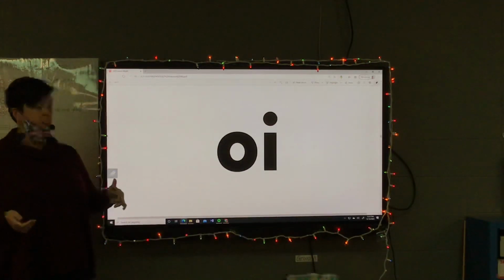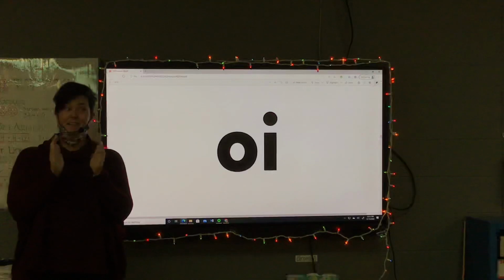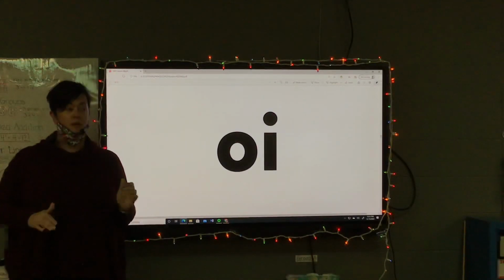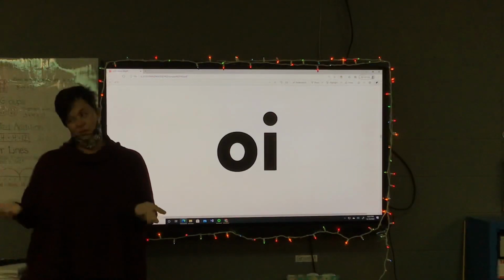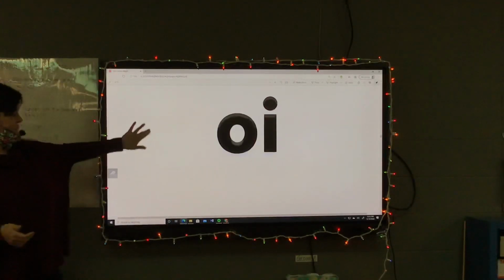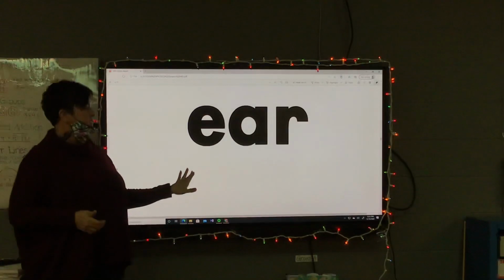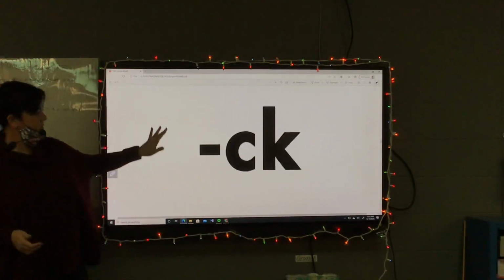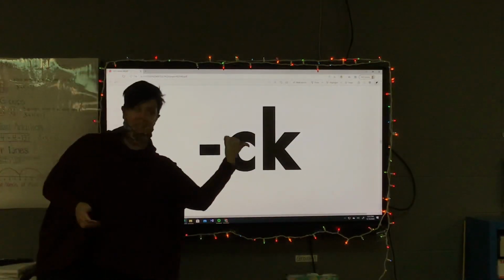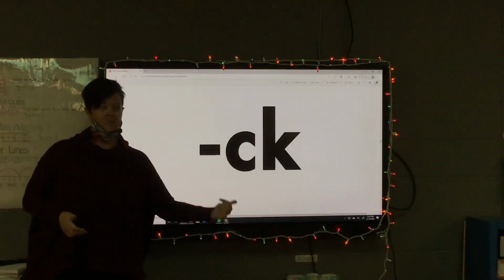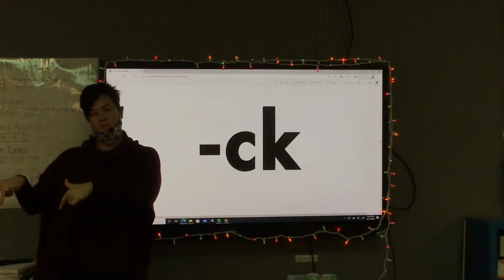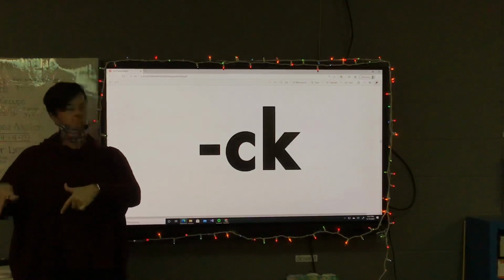Oi. In the middle of a word, but are there some times where it is also at the beginning? Ear. At the end of a word, and what's right in front of it? A short vowel.